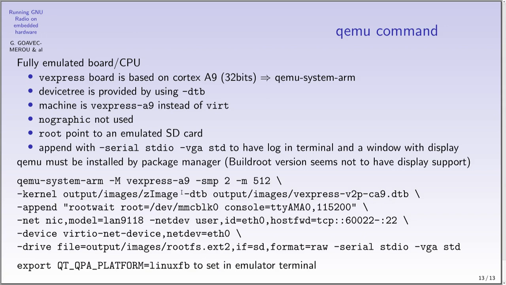And an important thing when we use Qt, there are many drivers, many options to use framebuffer, OpenGL, etc. So we need to provide by a shell variable which driver to use, by using this command.